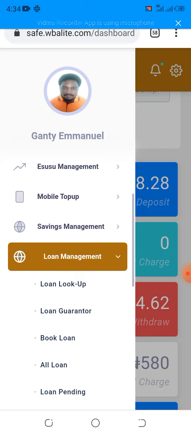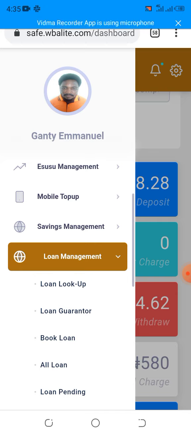Four, understand if this customer has been signing up on different loan apps. Five, understand if this customer has been blacklisted before or has been reported for defaulting. All this data will make up your decision on whether to issue out a loan to this person or reject the request.